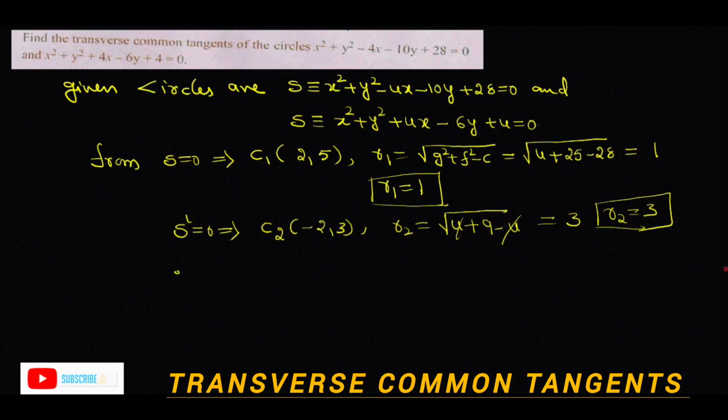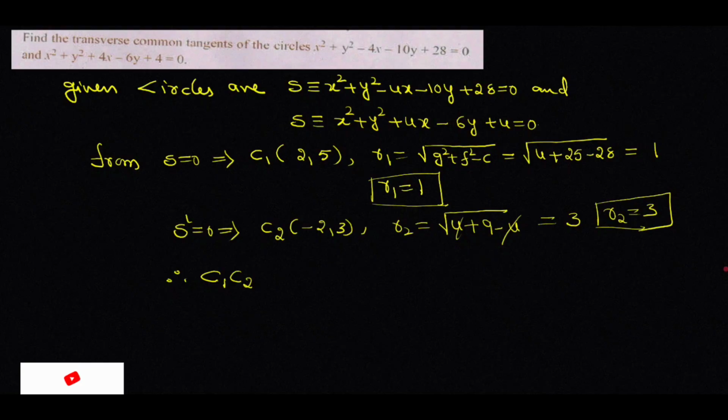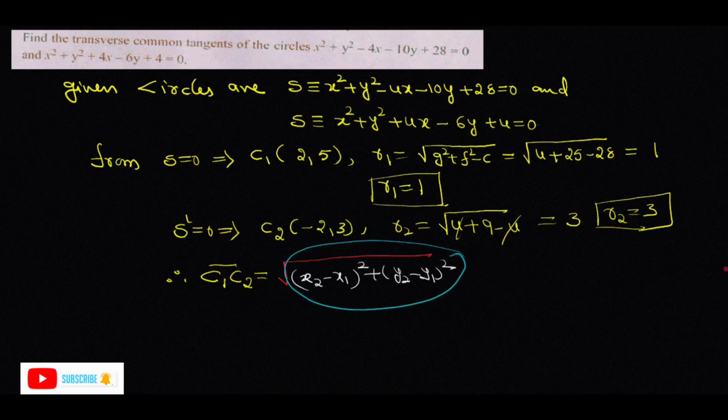Now consider the distance between the two centers of the circles S equal to 0 and S dash equal to 0, that is C1C2. C1C2 equal to the formula root of (x2 minus x1) whole square plus (y2 minus y1) whole square. Here x1 is 2, y1 is 5, x2 is minus 2, y2 equal to 3.